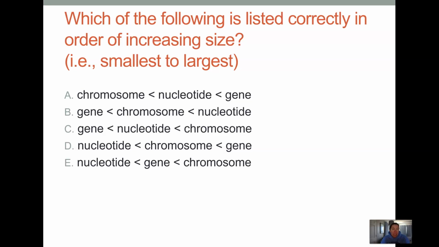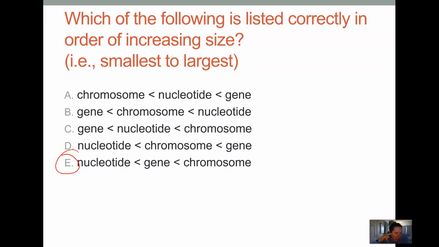Remember, there are three pieces: a phosphate, a sugar, and a nitrogenous base. And those nucleotides come together to form a string of DNA. That DNA can code for a gene, and genes, of course, are located in chromosomes. So the correct answer here would be E, elephant.